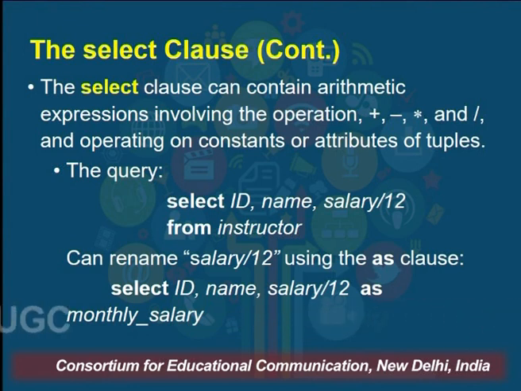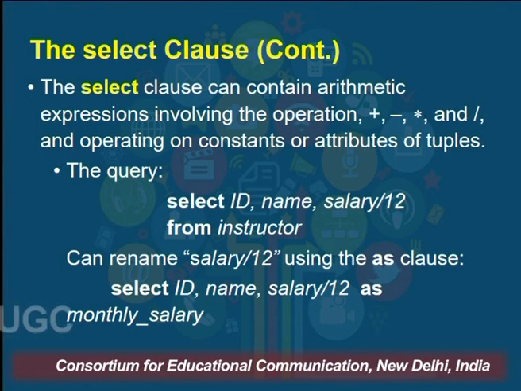If we need all, we can use the character star and write select star from instructor. But here, let us say we do not want the department name. So we write select ID, name, and for salary we want to see the salary divided by 12.